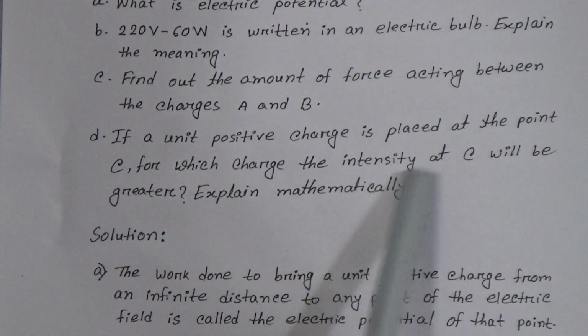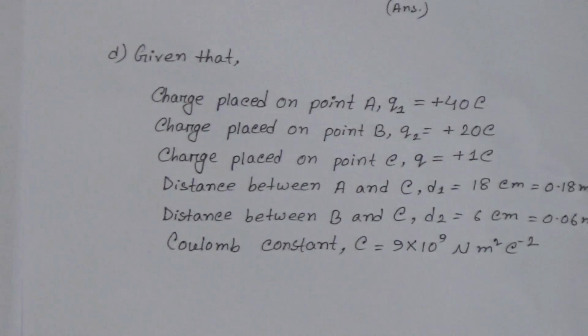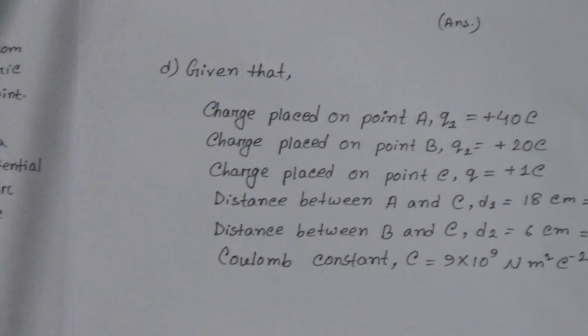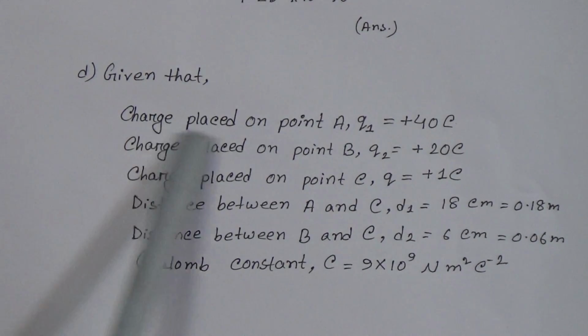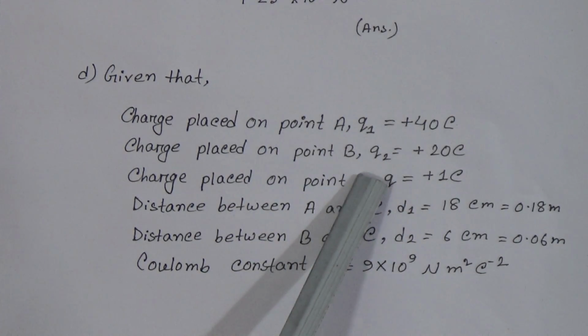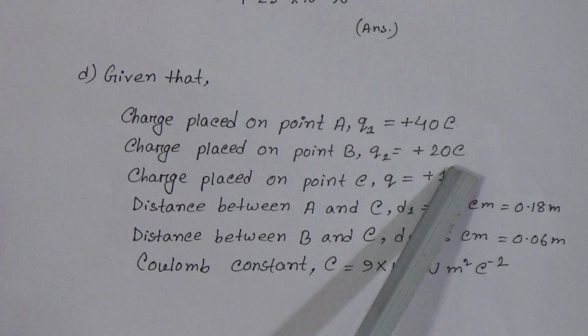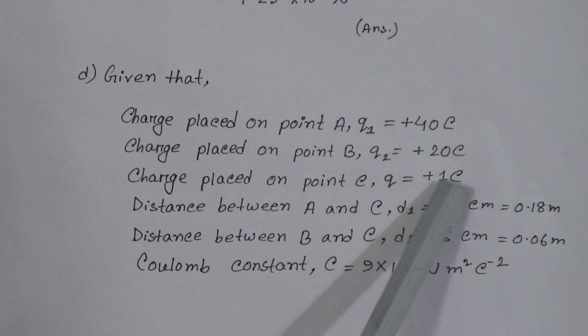Question number D: if a unit positive charge is placed at the point C, for which charge will the intensity at C be greater? Explain mathematically. My dear students, this type of question and answer is very important. Here the charge placed at point A is 40, the charge placed at point B is Q2, 20, and the charge placed at point C, suppose, is plus 1 Coulomb.